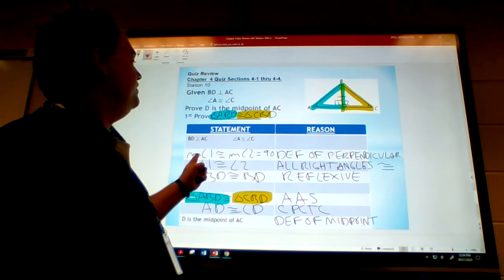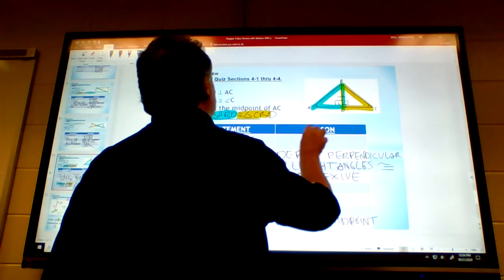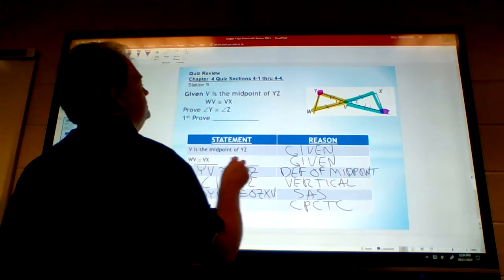So I went ahead and labeled this angle 1 and that angle 2. I have to first state, after I have the given, because this is the given, you write this down.